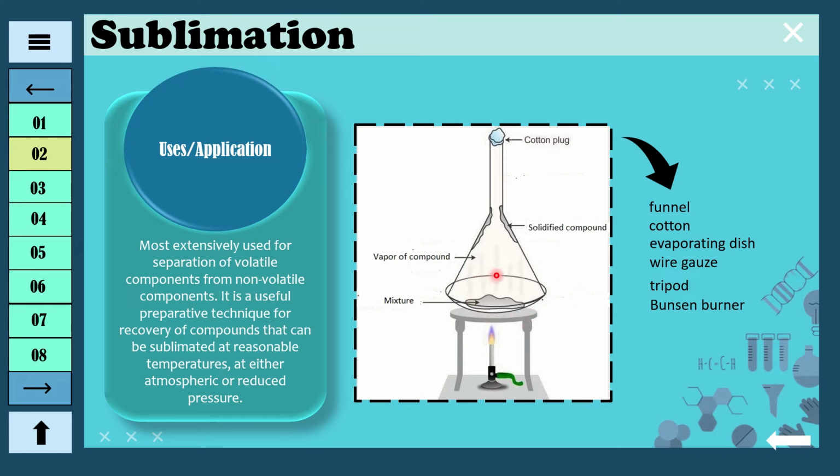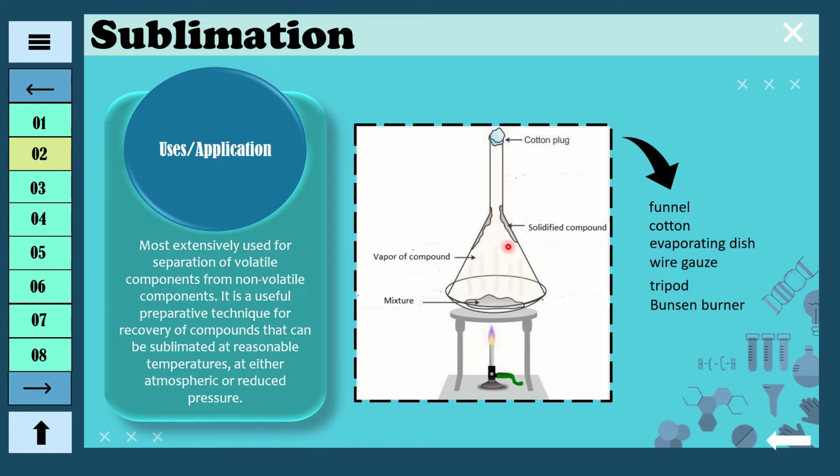The volatile compound that was evaporated and became a gas has to stay in the setup, and to prevent it from leaving the setup, we use the cotton to trap it in the funnel. Since in the setup the area in the funnel is much cooler than the area in the evaporating dish, the volatile compounds will go back to their solid state.